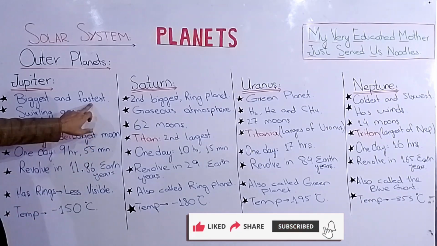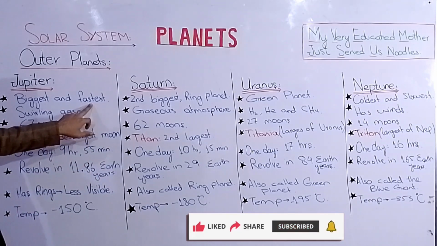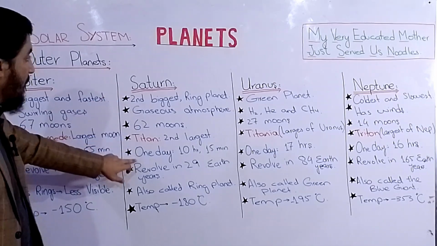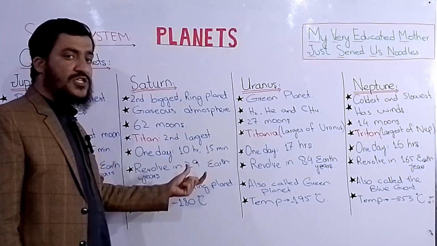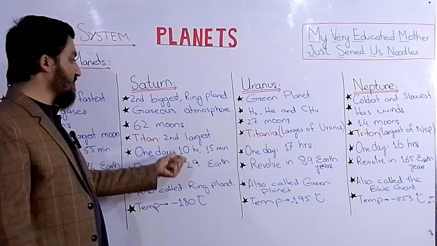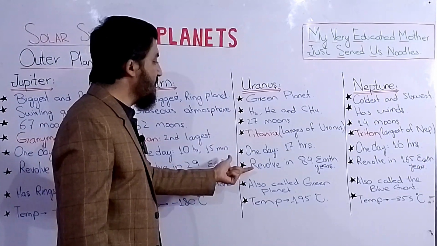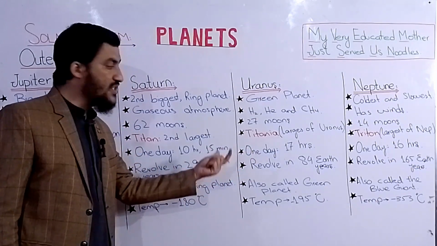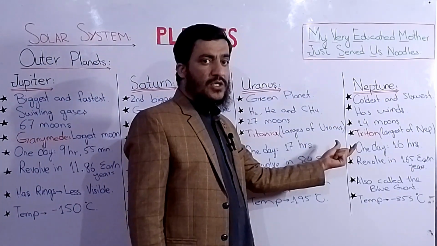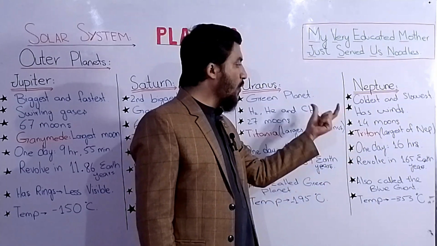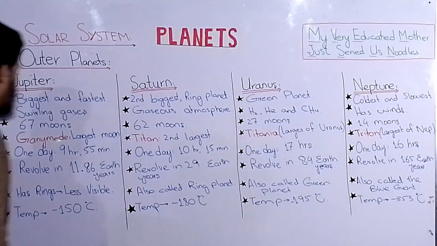Then one day of Saturn is 10 hours and 55 minutes, which is also less than Earth. Then comes Uranus. Its one day is just 17 hours. Then comes Neptune, whose one day is equal to 16 hours.